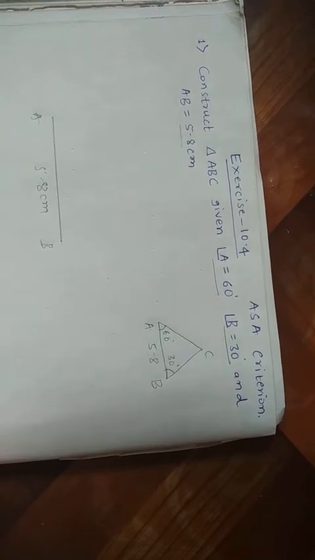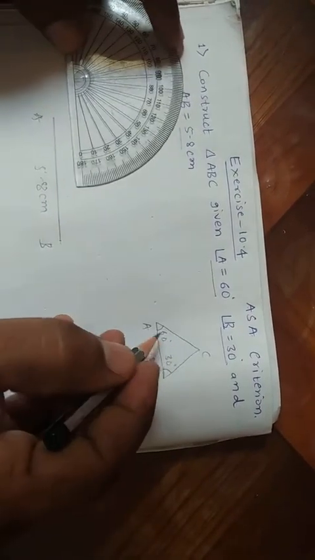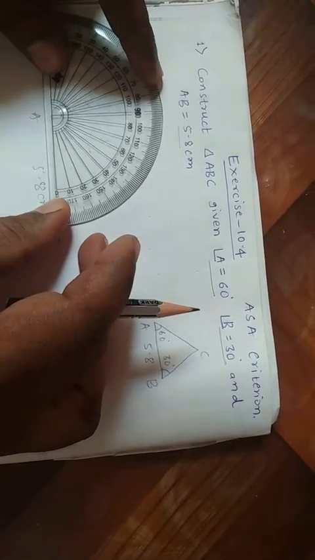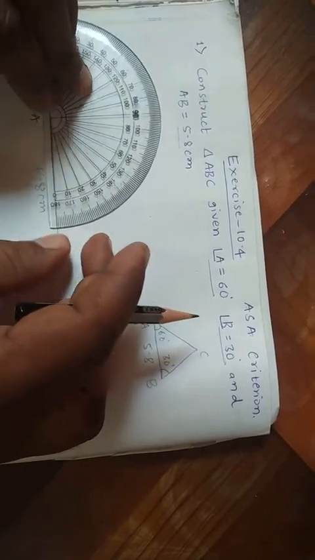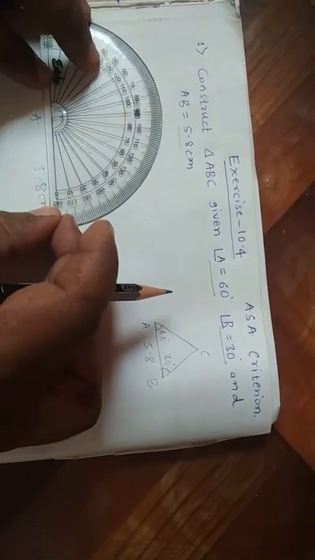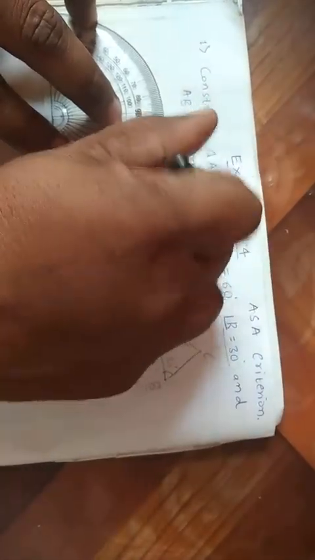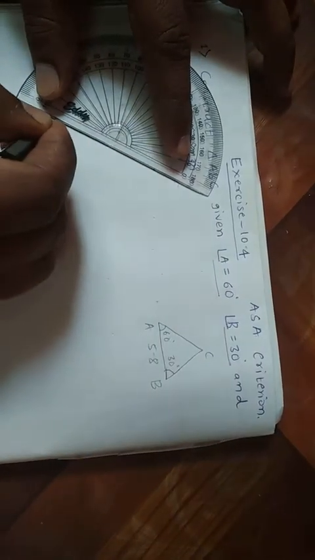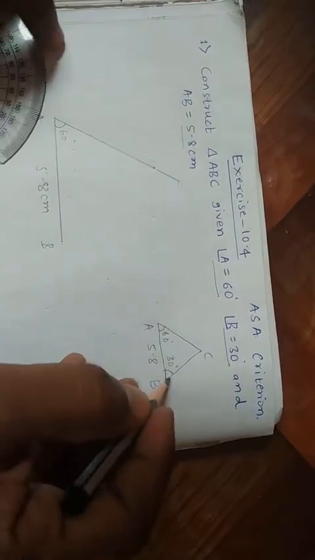Now take the protractor, and at A point we have to construct an angle. What is the measurement of that angle? 60 degree. Okay na? So keep the protractor properly. 60 degree we have to construct here, students. It is 60 degree, and join both these points. Now from angle B, what is the measurement of that angle?